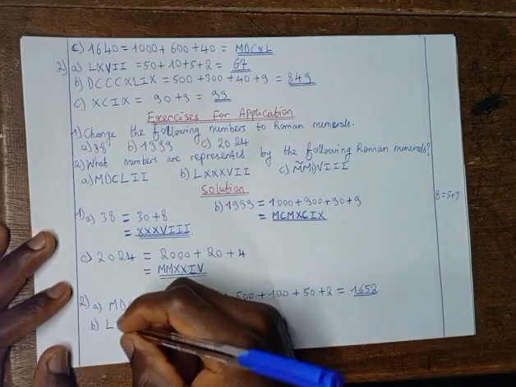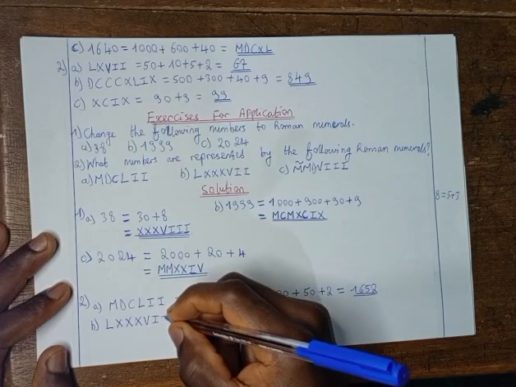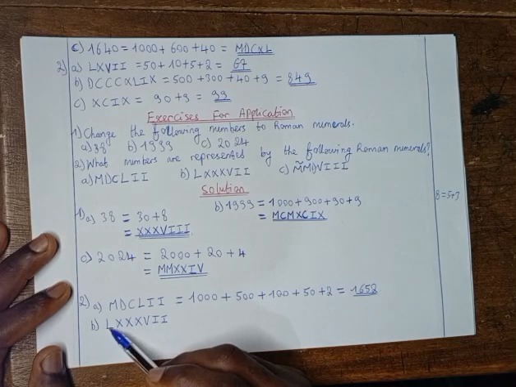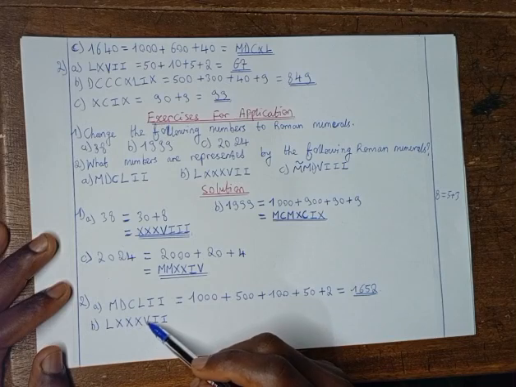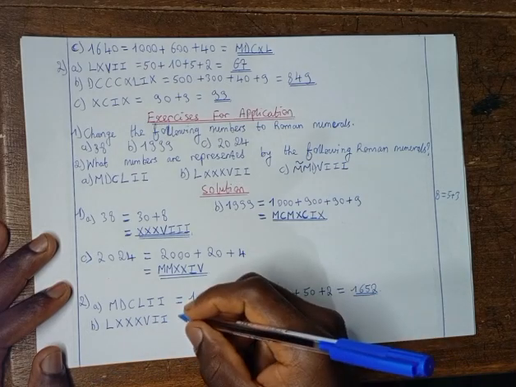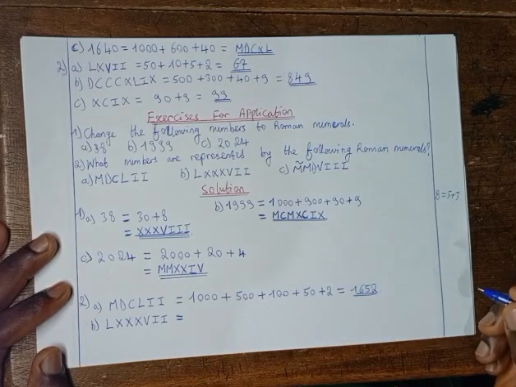We have LXXXVII. We are going to check if the symbols are in descending order. We have L, we know L represents 50, X 30, V 5, I 2. So in this case, we are simply just going to sum the numbers represented by each of the symbols.